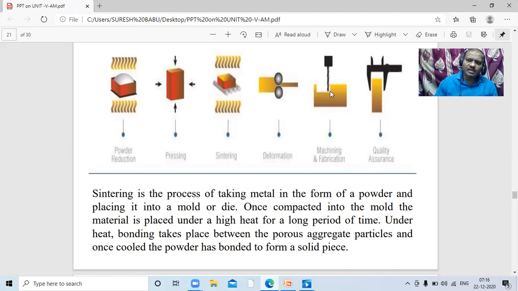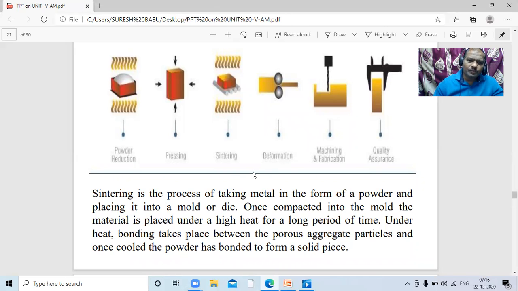So based upon the required application, we are going to cut into a number of pieces, or once again machine it to bring the quality of the surface, and thereby measure the workpiece. This is our vernier calipers, and thereby quality assurance can be done.